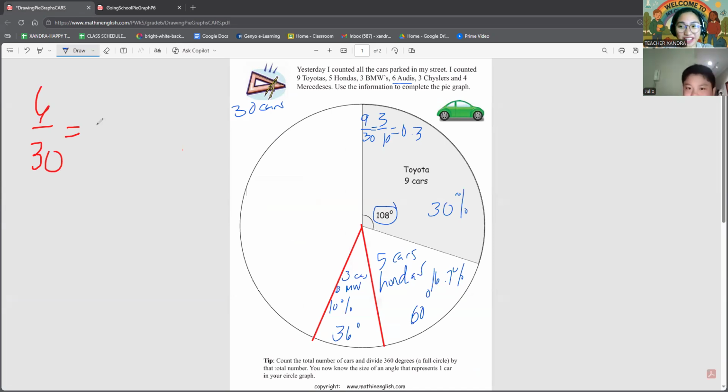Okay, 6 over 30. Simplify. No, it's not 1/5. What do you mean?